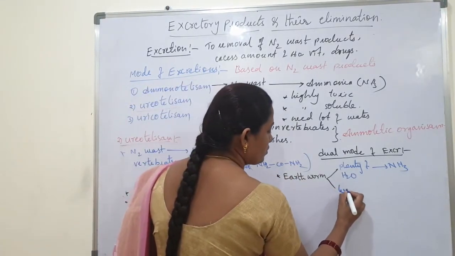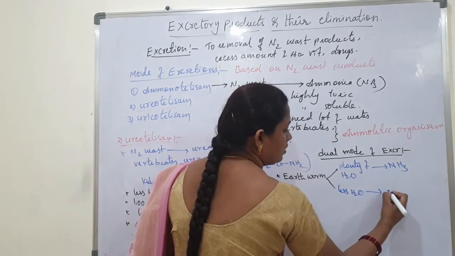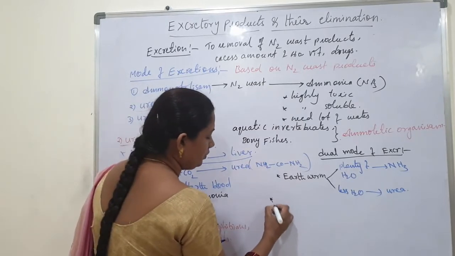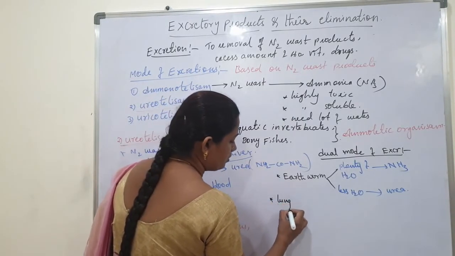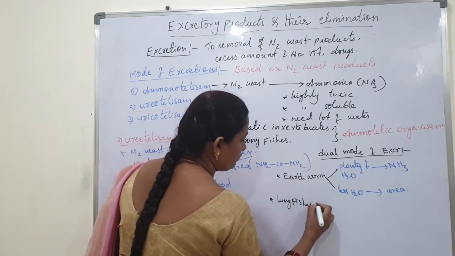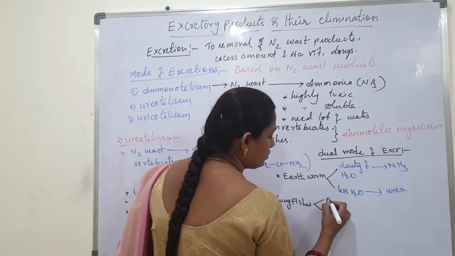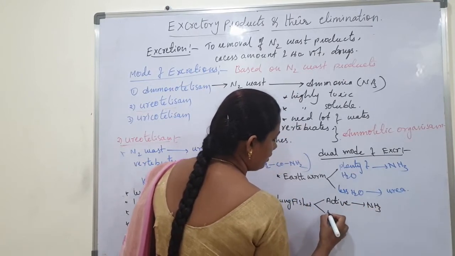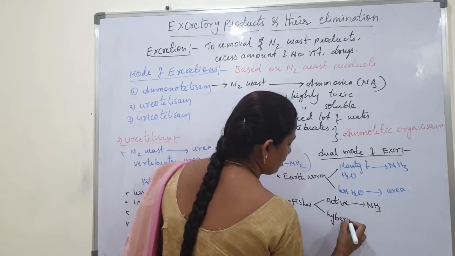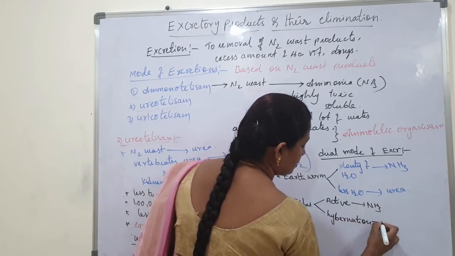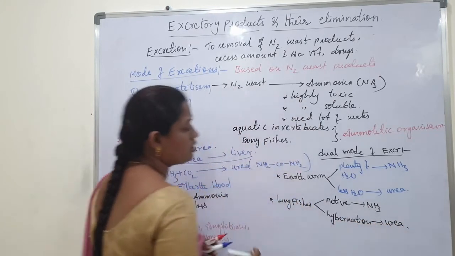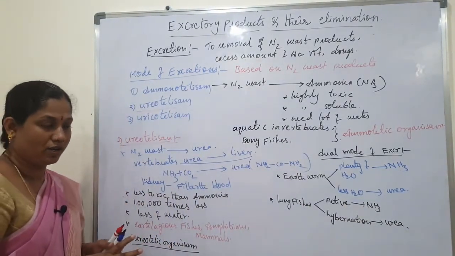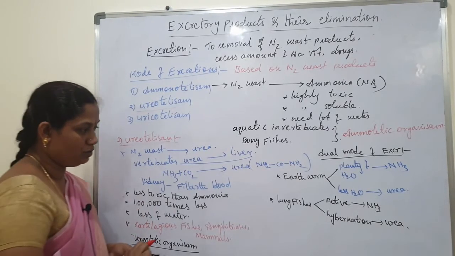If less water is present, it excretes urea. Next, lungfishes. When they are active, they excrete ammonia. During hibernation, when body activities are minimized, they excrete urea.